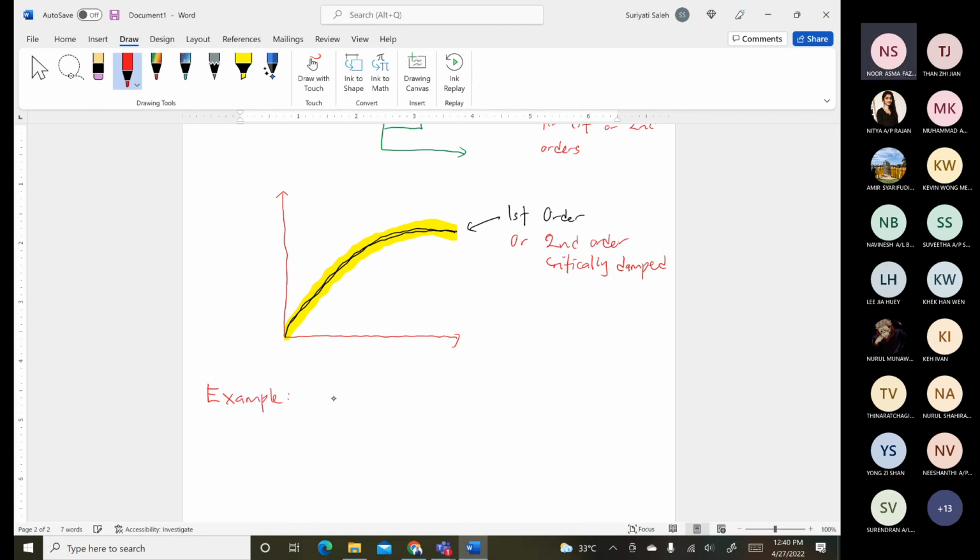Let's say for the first order, you have G(s) equal to 2 over 5s plus 1. So this is the first order.